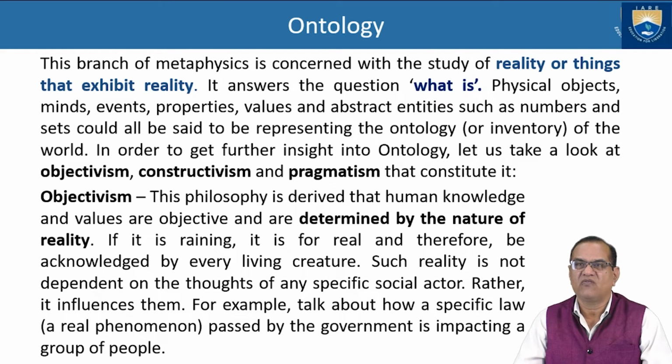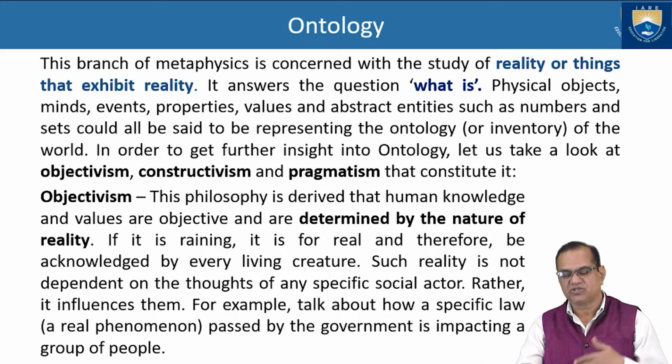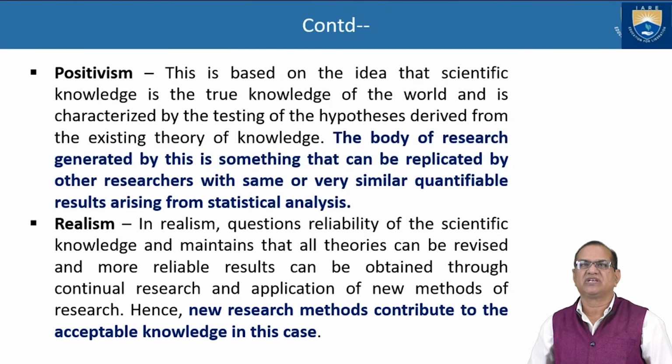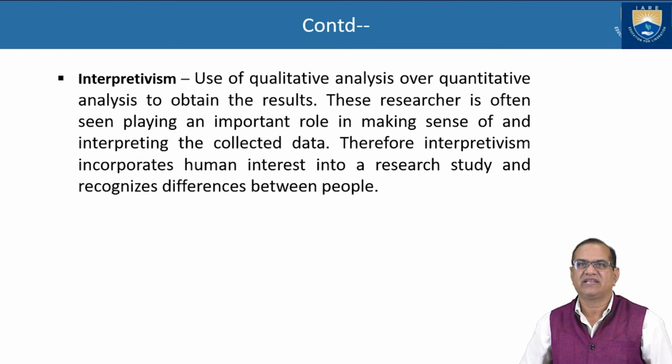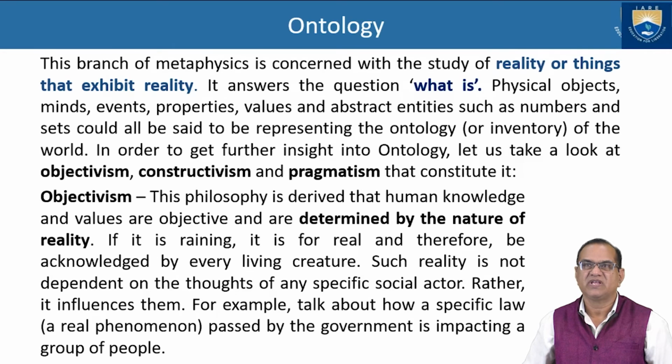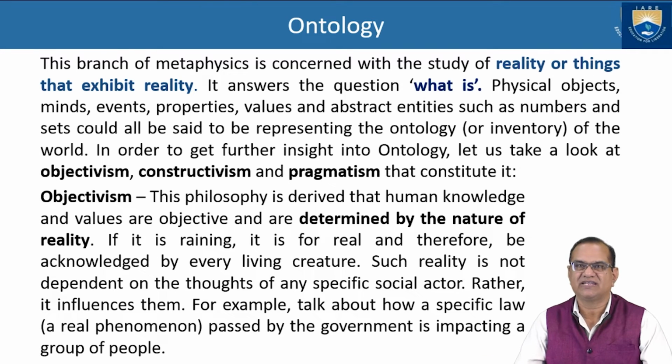In order to get further insight into ontology, let us take a look at objectivism, constructivism, and pragmatism that constitute it. So like our epistemology, which had positivism, realism, and interpretivism, this ontology has objectivism, constructivism, and pragmatism.